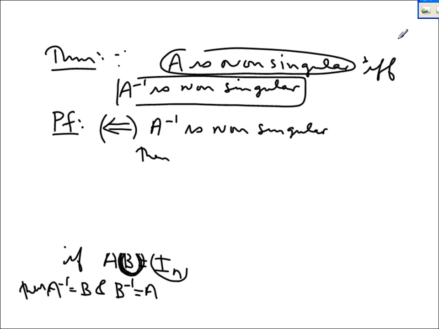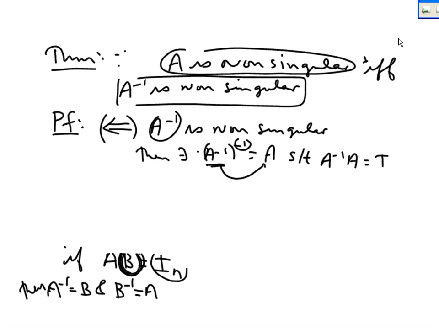Then there exists the inverse of this matrix, which is A, such that A inverse, that matrix, times its inverse is equal to I sub n.